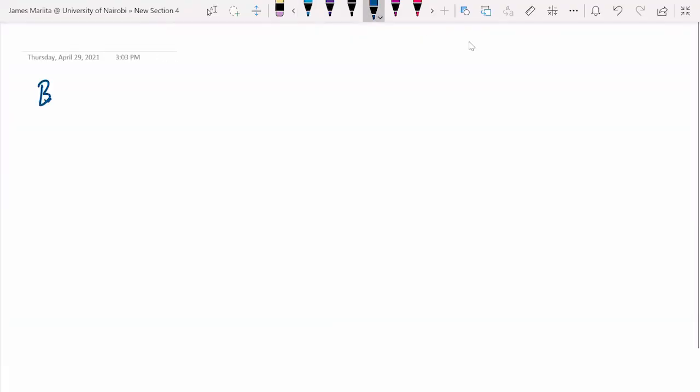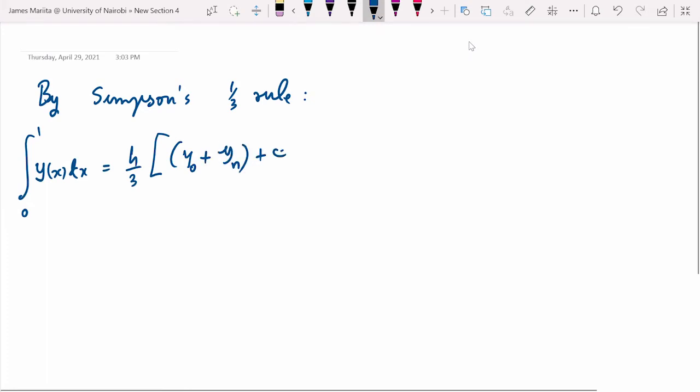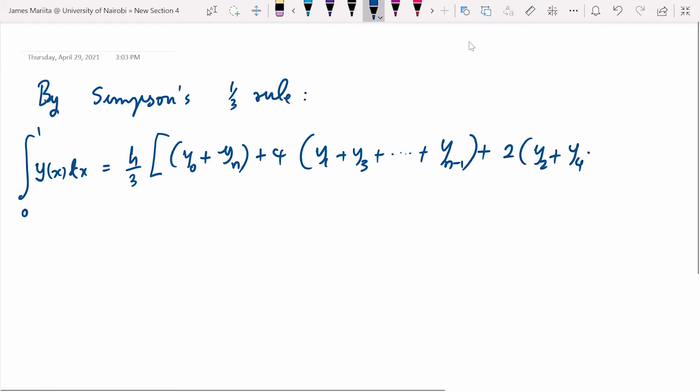So by Simpson's 1/3 rule, we have the integral from 0 to 1 of y equal to h/3 times y naught plus yn plus 4 times y1 plus y3 up to yn minus 1 plus twice y2 plus y4 up to yn minus 2.